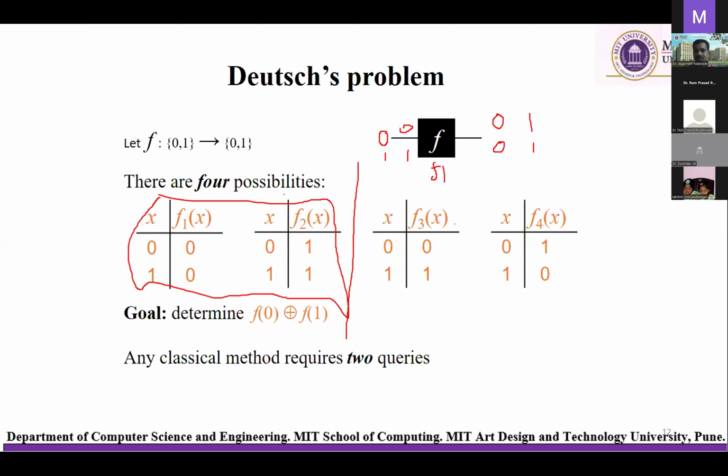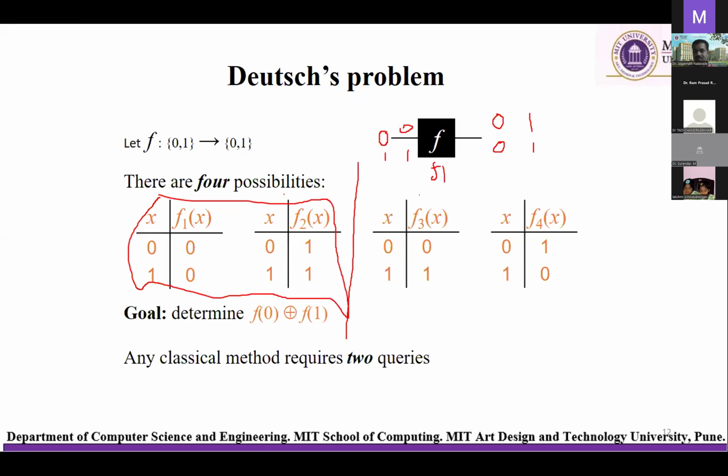Whereas if you observe f3 of x and f4 of x, these two functions: in the first one, if x is equal to 0, then f3 of x is equal to 0, and if x is equal to 1, then f3 of x is equal to 1. Similarly, x is equal to 0, f4 of x is equal to 1, and if x is equal to 1, then f4 of x is equal to 0. Here the output changes based on the input x, that is 0 or 1.